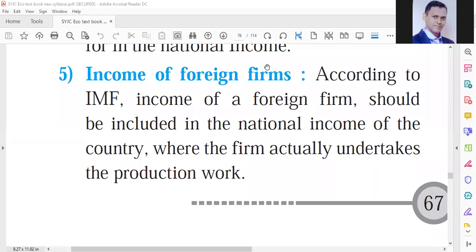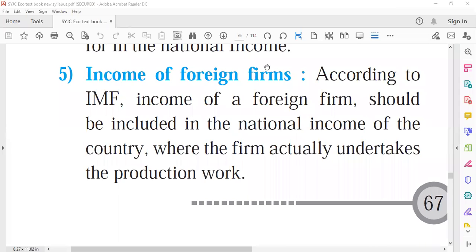Again, it is very difficult to calculate the exact value of national income and to include the income earned by the foreign firm.